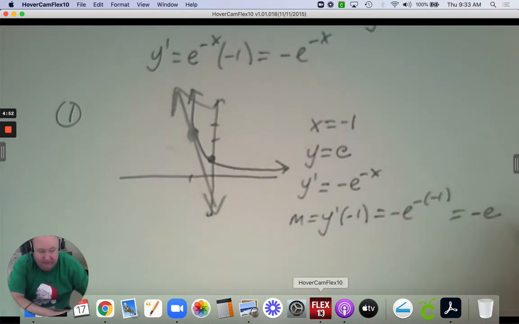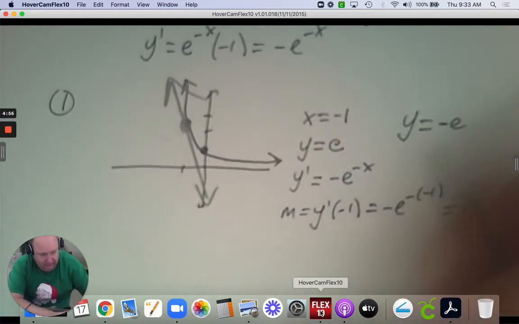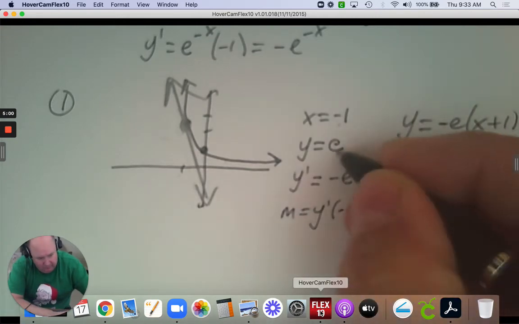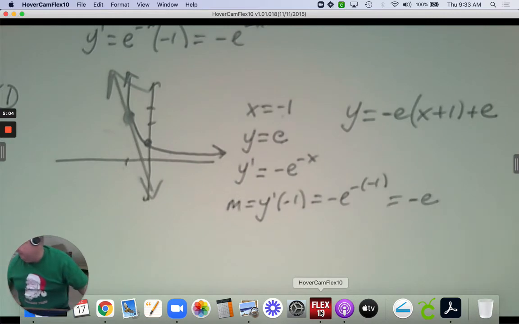And that's a number. So if I put this together, it would be negative e times x plus 1, plus e. And that would be the equation of the line.